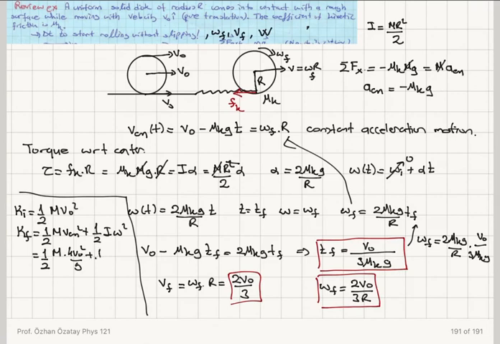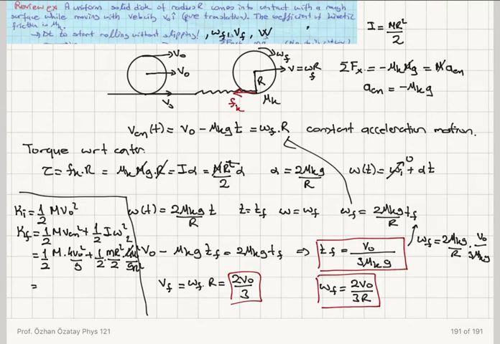So this will be equal to 1 over 2 m 4 v0 squared over 9 plus 1 over 2 m r squared over 2 times 4 v0 squared over 9 r squared.